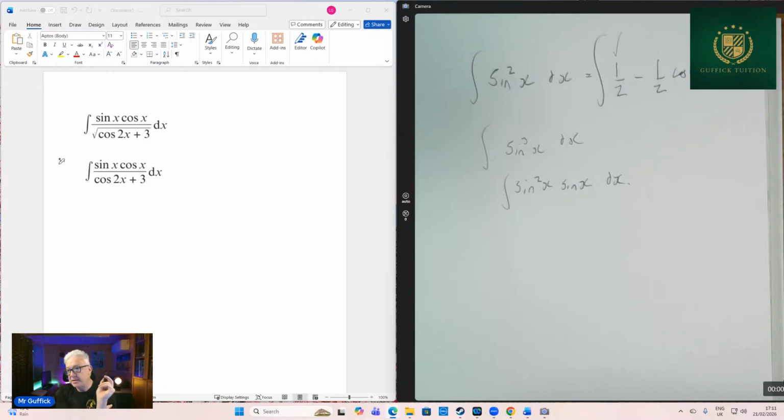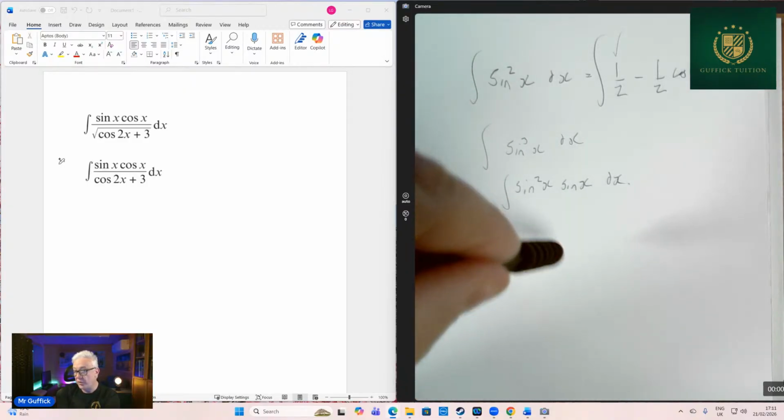So in this live stream, I'm going to be going over integrating tricky things that maybe aren't covered by textbooks, and some of the things where I know students go wrong. At the moment, I'm doing sine squared, sine cubed. I'm going to do sine to the 4th in a minute.